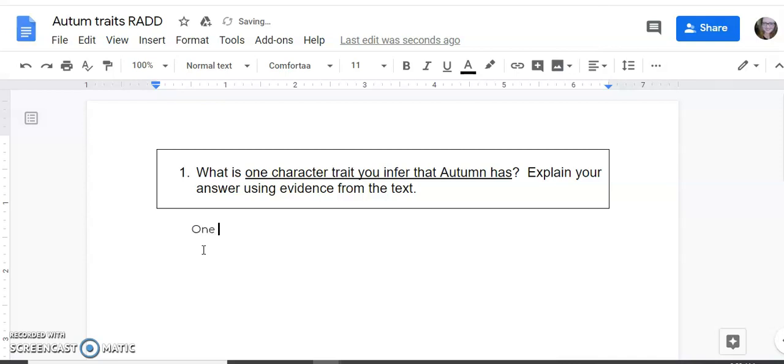Let's see, one trait that Autumn has is that she is pessimistic or defeated.